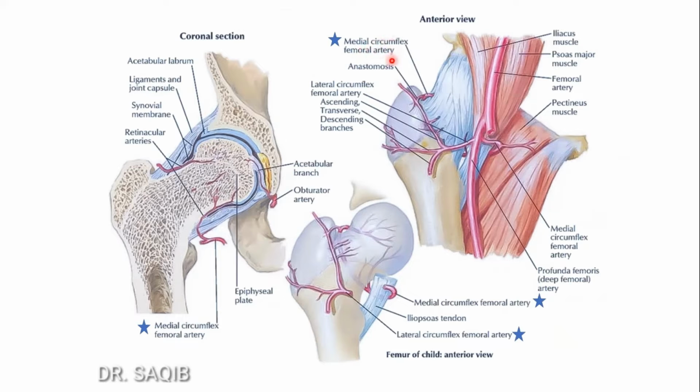This is the medial circumflex femoral artery, right? So you see its branches to the upper end. And this is the lateral circumflex femoral artery, right? And this medial circumflex femoral artery supplies the upper end. This is all head and neck, the greater trochanter, the lesser trochanter. Here you could see the medial circumflex femoral artery giving the branches up.